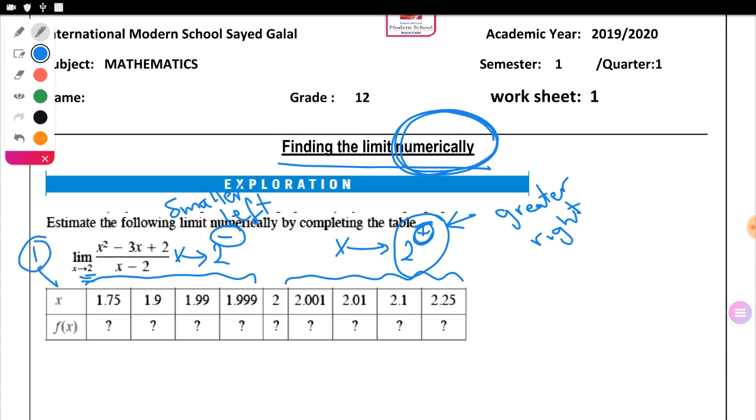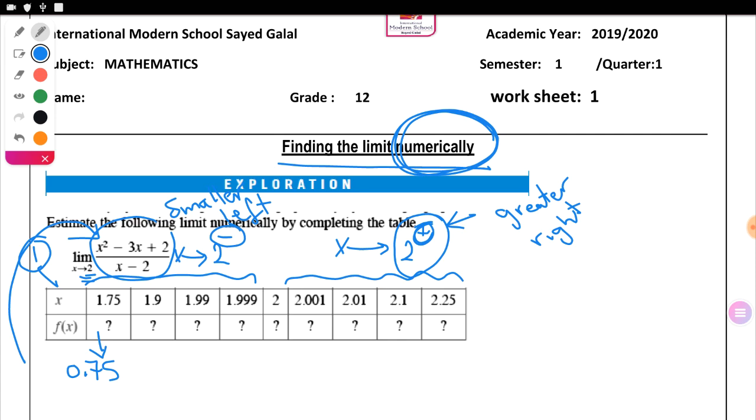What is the second step? Substitute. Substitute each value of x in the function. In this function, okay? Use the calculator. I know all of you can use the calculator. If you replace, you will find the result by using calculator 0.75. Okay?